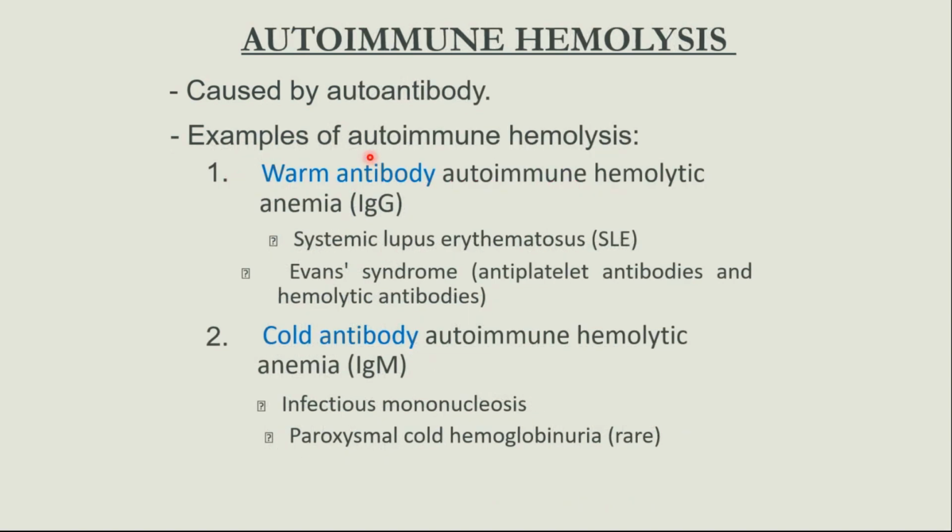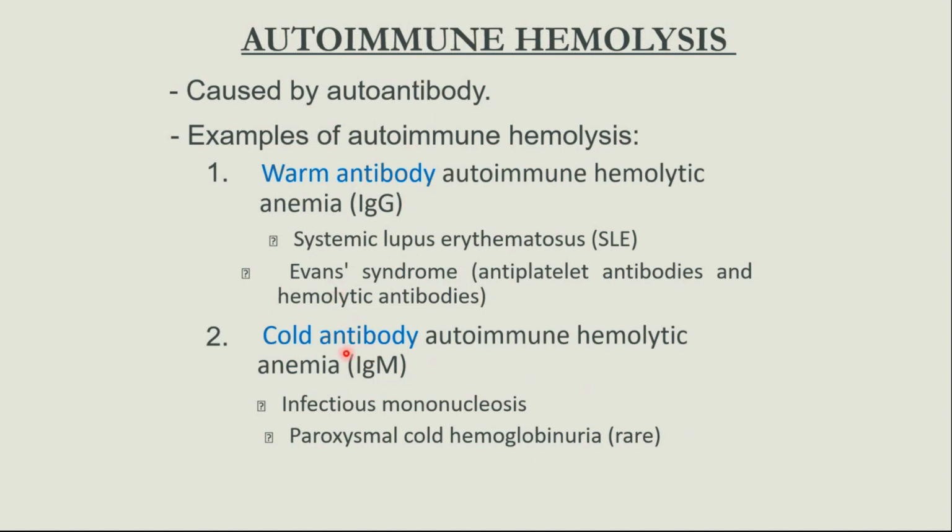Okay, next is autoimmune hemolysis caused by autoantibody. Examples of autoimmune hemolysis: first is warm antibody autoimmune hemolytic anemia. Examples of disease are systemic lupus erythematosus (SLE) and Evans syndrome.